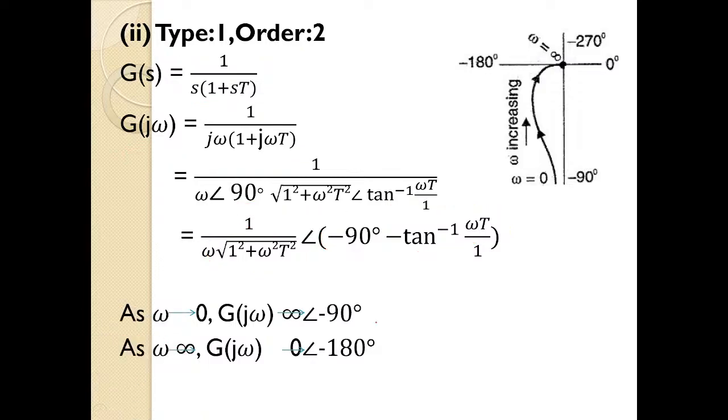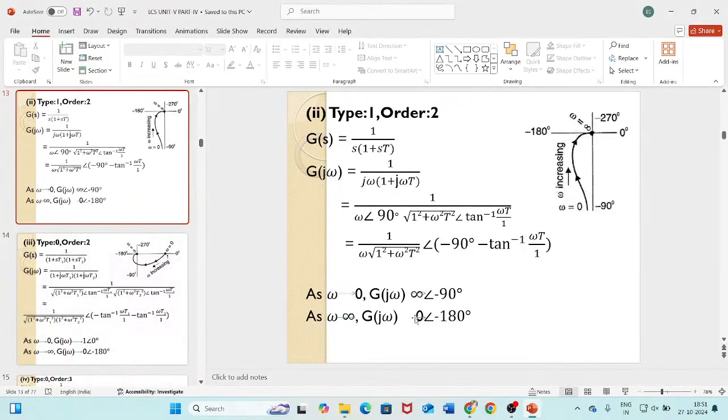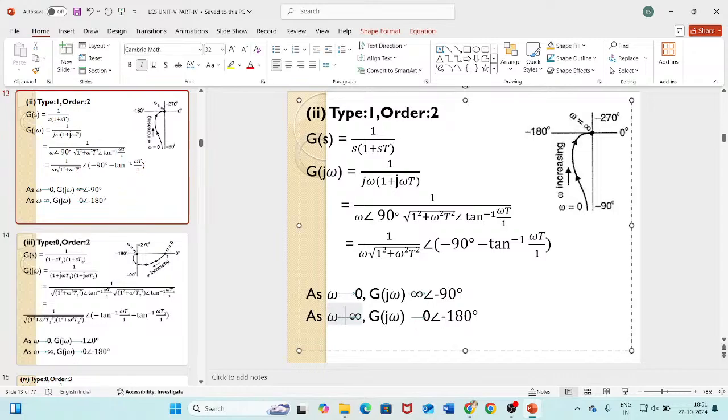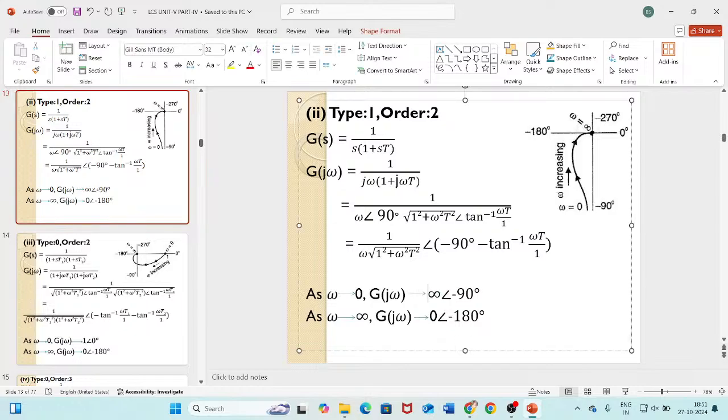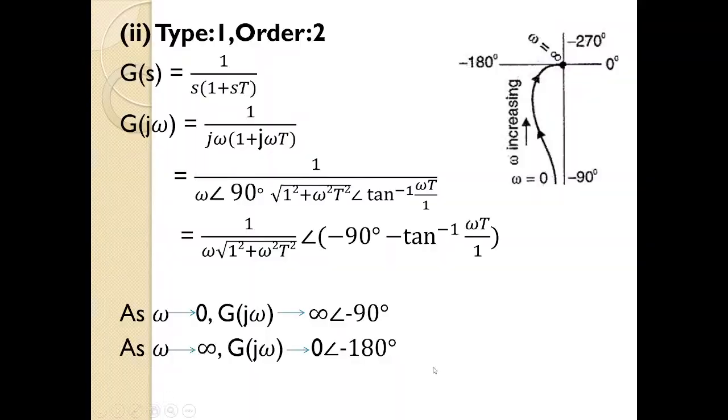Now substitute once again omega equal to 0 in the above equation. What will happen to the magnitude?